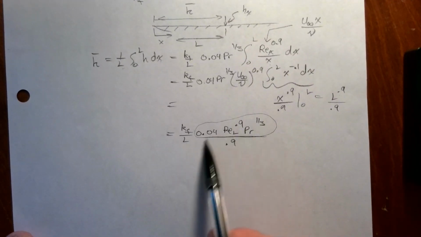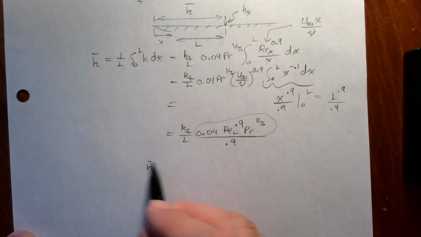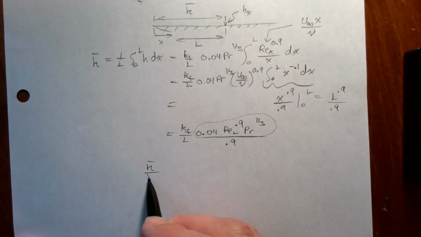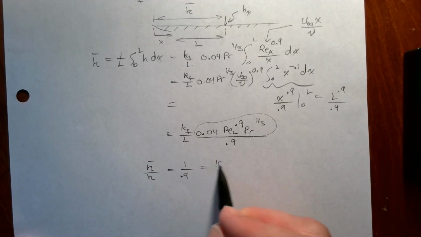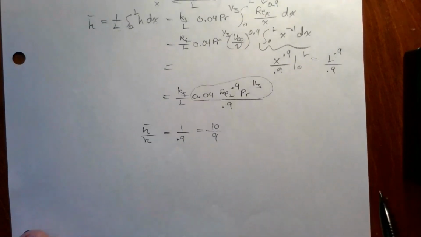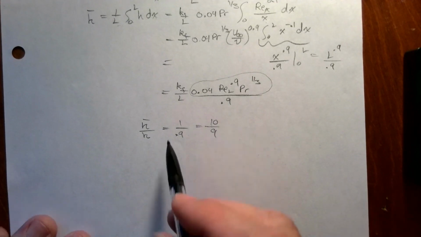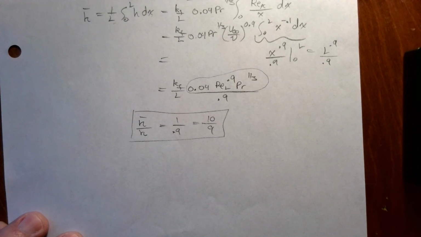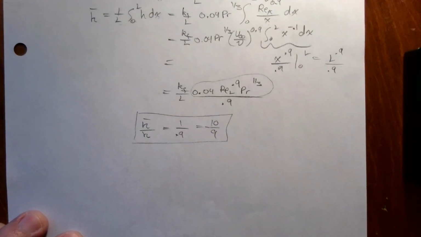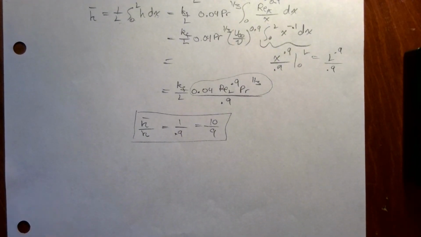So if I put all that together, H bar over H is actually just equal to 1 over 0.9, or 10 over 9, however you want to write that. So there's the ratio. That's the answer this is looking for. Turns out that the average is equal to 10/9 of the local heat transfer coefficient in this case.